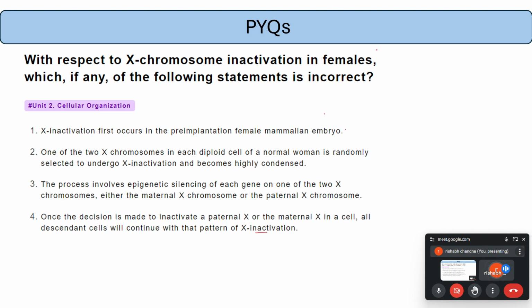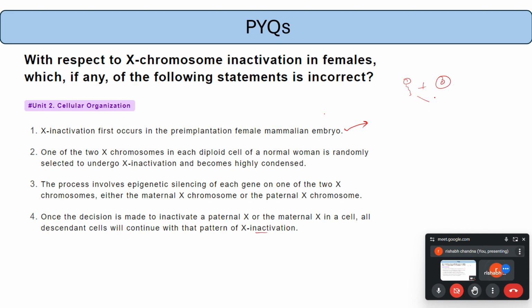Okay, so starting with the first point: X inactivation first occurs in the pre-implantation female mammalian embryo. Yes, this option is correct because when the embryo is formed, this is the sperm, and here we have the egg.